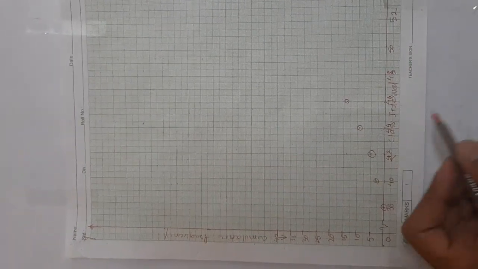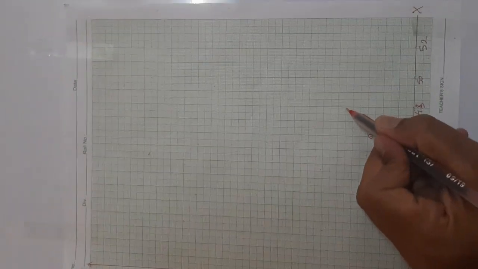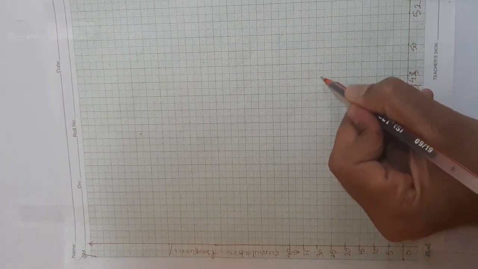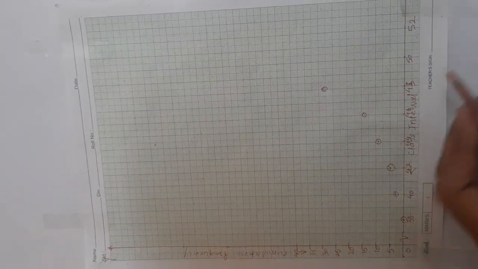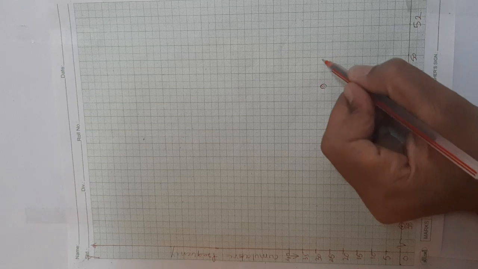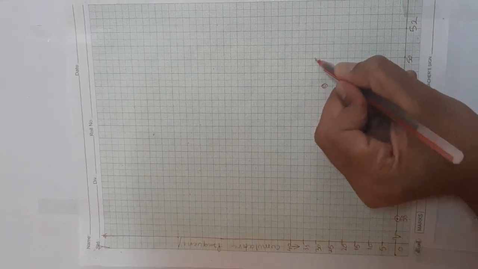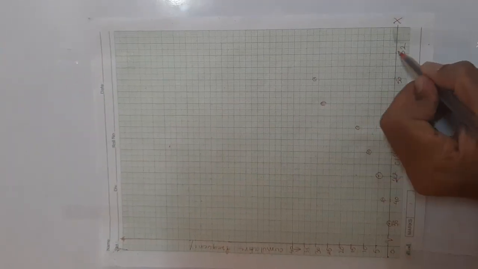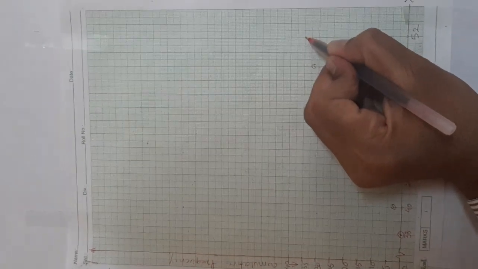Then 48 comma 28, you can see 25, 28 here. 50 comma 32, this is 30, 32 means 4 small boxes. And last is 52 comma 35.